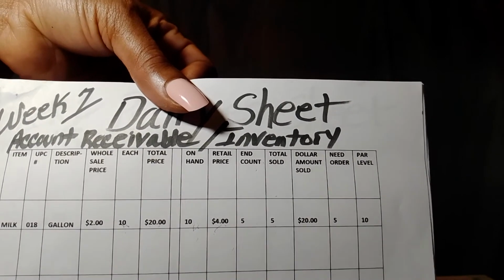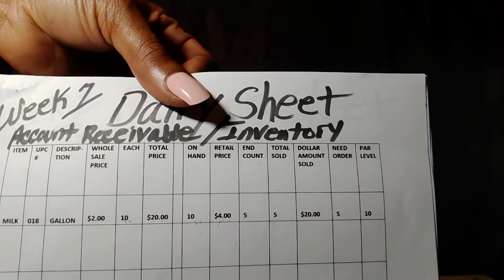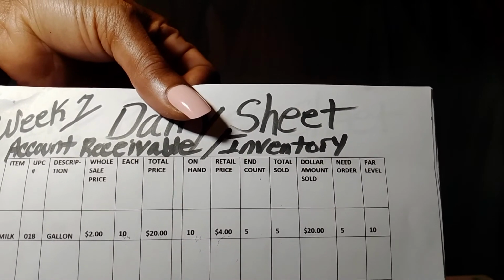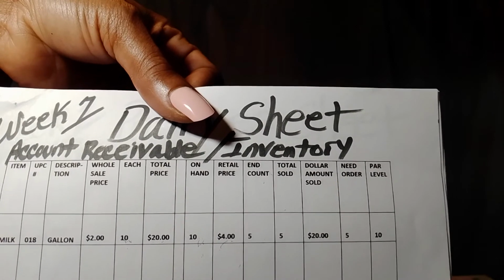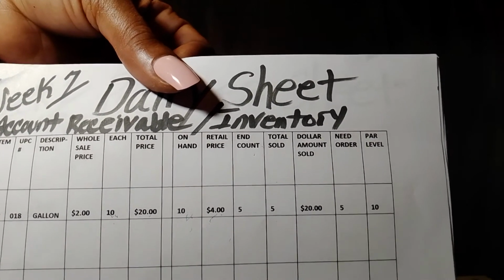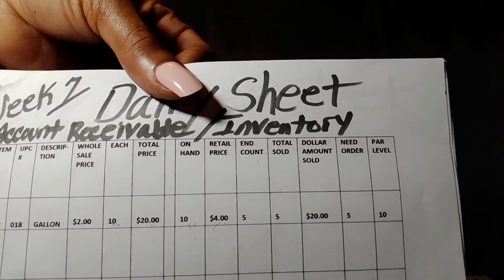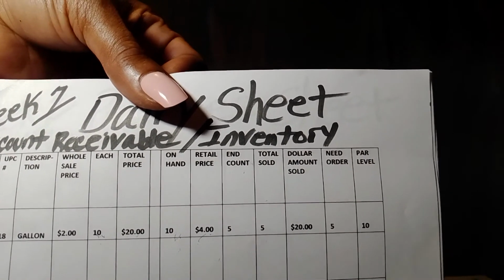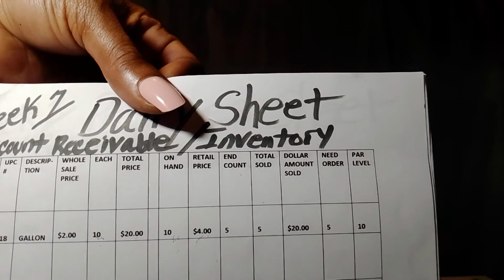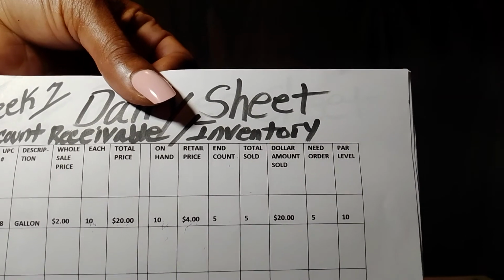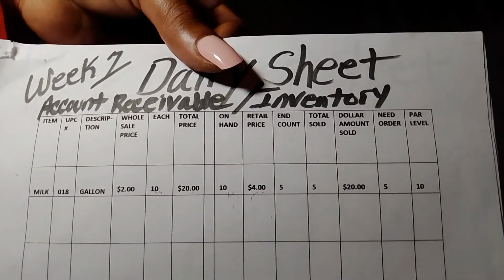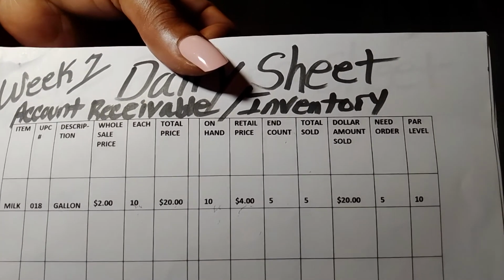Because if you started with 10 milks, and when you counted the milks in your store you only got 5 left, that means you sold 5, right? So then, your dollar amount sold is $20. Because if you sold 5 milks, and the milks cost $4 a piece, that means you sold $20 worth of milk.